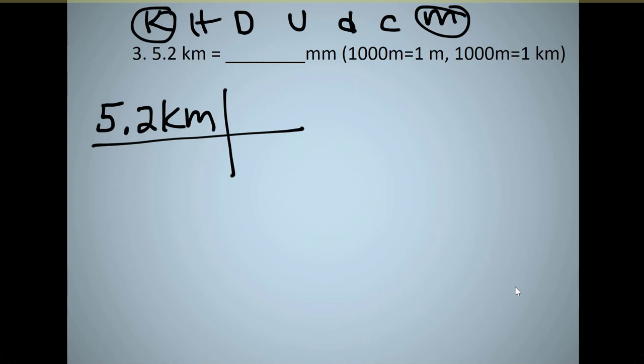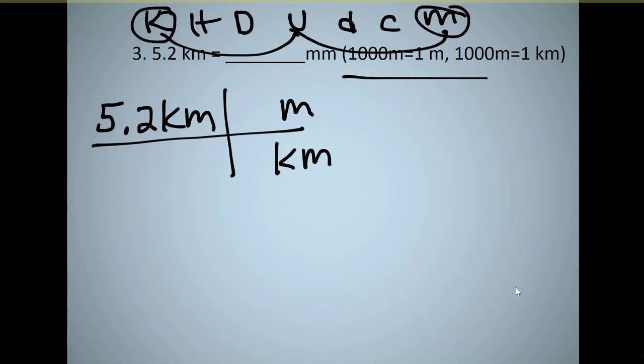When we do this factor label way or unit or dimensional analysis, whatever you want to call it, you usually stop over at units and then you keep going. So on this one, I'm going to go from kilometers to meters. So I'm going to go to my base unit first, and then I'll go on and I'll do base unit to millimeters. So from meters to millimeters.